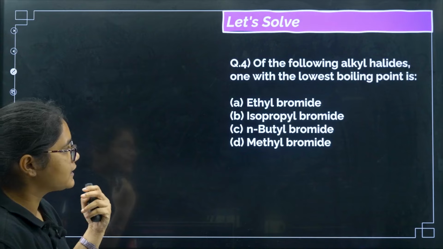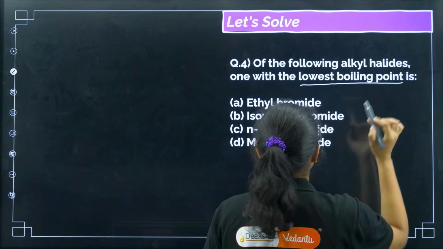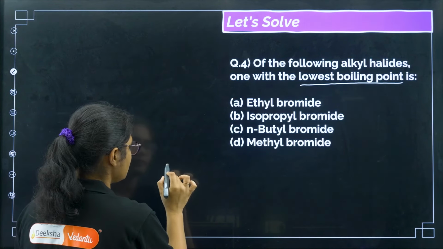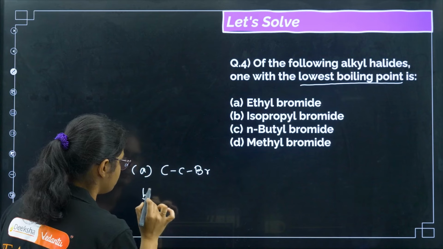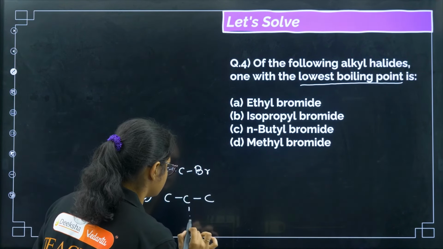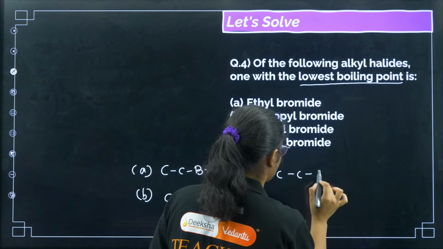Of the following alkyl halides, which one has the lowest boiling point? Option A is ethyl bromide, which has 2 carbons. Option B is isopropyl bromide. Option C is N-butyl bromide.